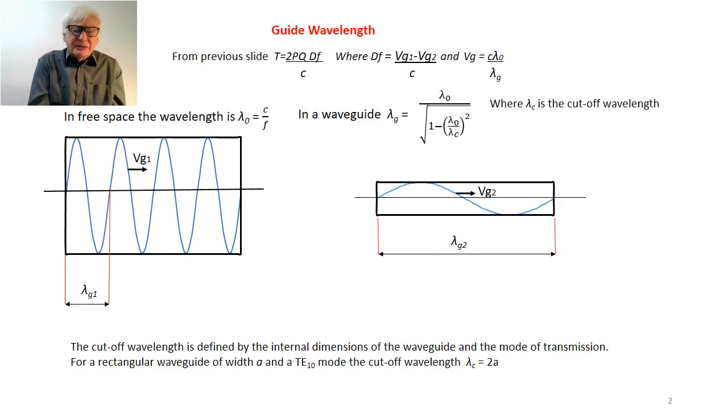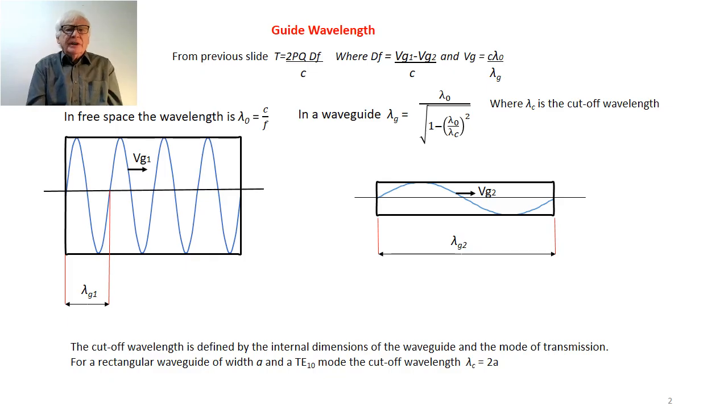In practice, it's much easier to design an EmDrive cavity by not using guide velocity, but by using the guide wavelength, lambda g. And we relate lambda g to Vg by the equation Vg is equal to c times lambda naught over lambda g.